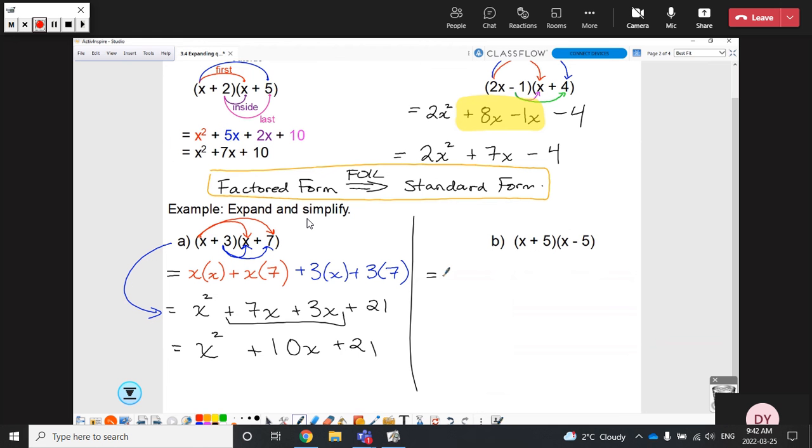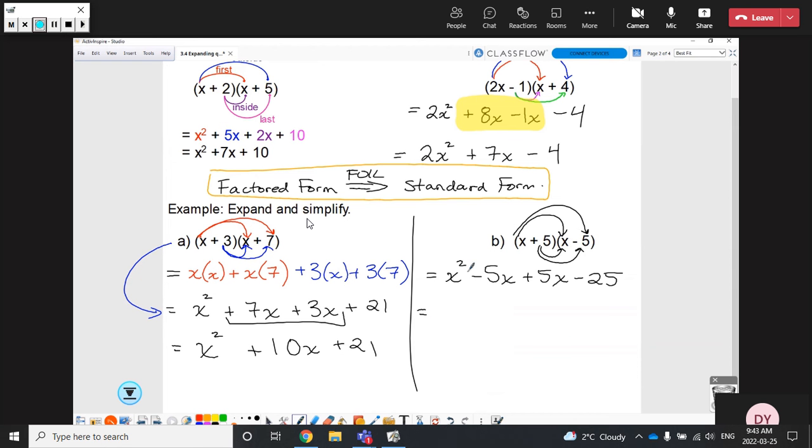So x times x is x squared. And we got x times negative 5 is negative 5x. 5 times x is positive 5x. 5 times negative 5 is negative 25. Now, have a look at what happens here.